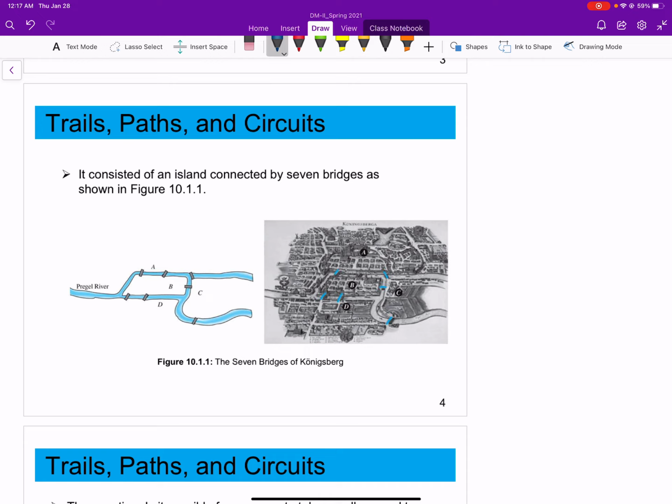Let me mark another bridge here. Okay, so these are the 7 bridges. And then as I showed you before, this river divides the city into 4 land masses. So these are the land masses I showed you before.